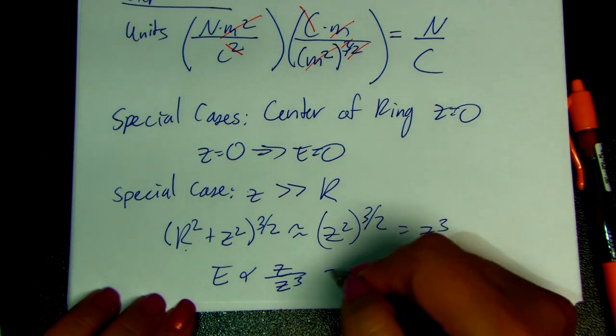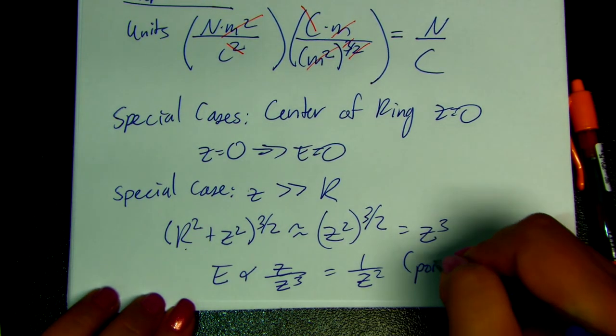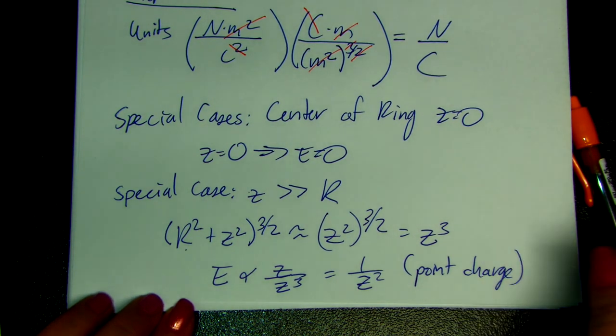Everything else is a constant, which is the 1 over z squared dependence, which basically means the ring acts like a point charge. If you get far enough away from anything, it will act like a point charge. But it's important to actually show these relationships.